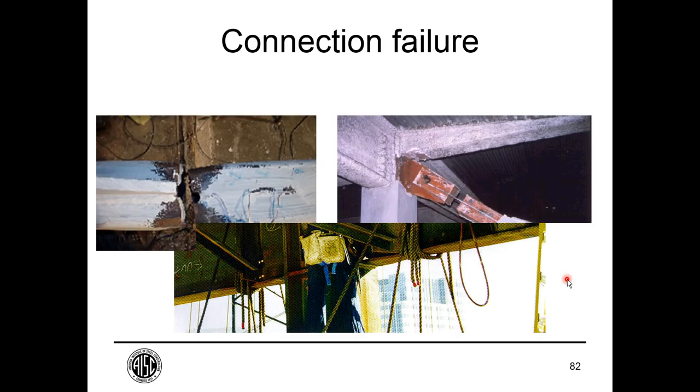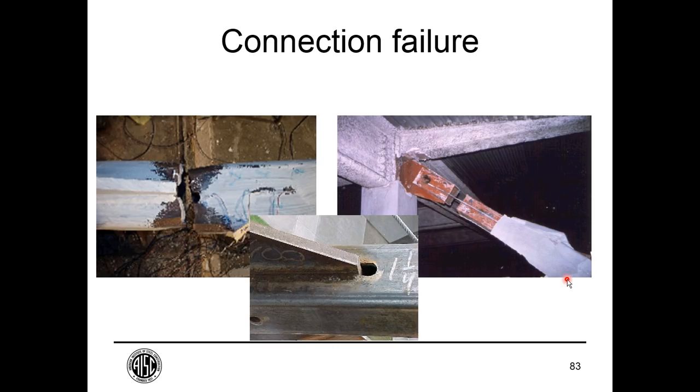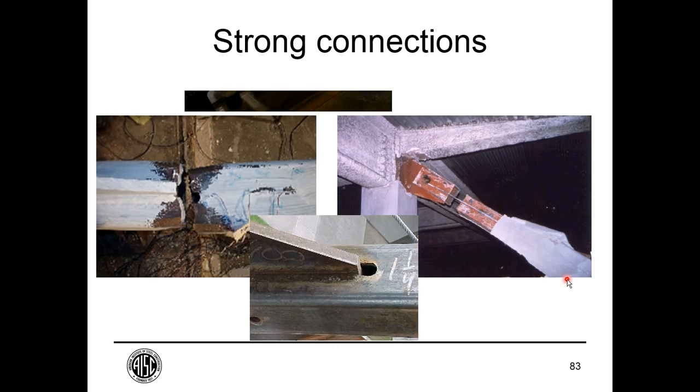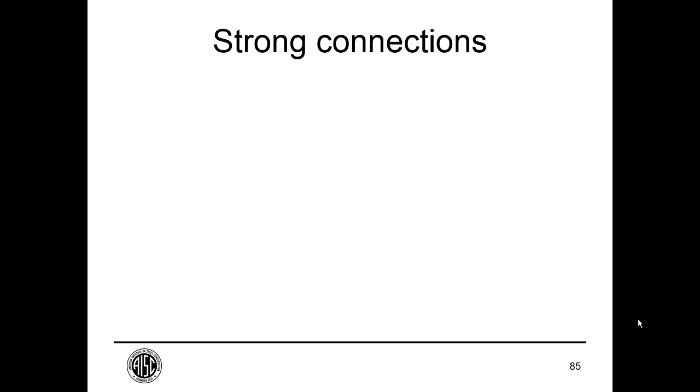We also pay attention to connections that could rupture before we get much ductility out of the element. And so we often use reinforcements at connections in order to ensure that the member can develop ductility, and we don't limit the ductility of the member by having rupture at the connection.